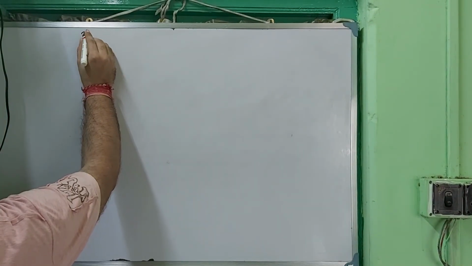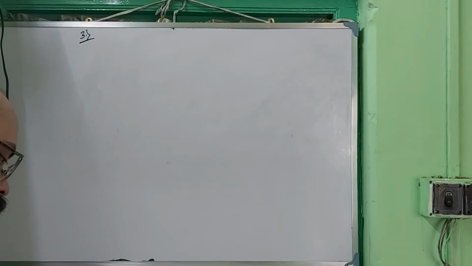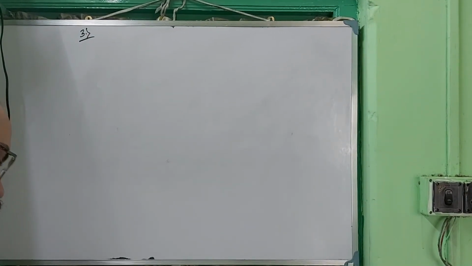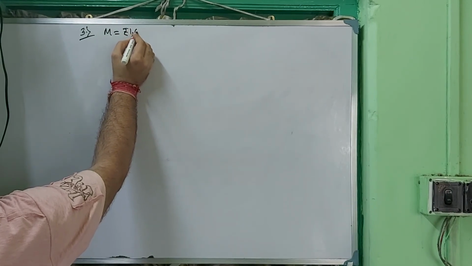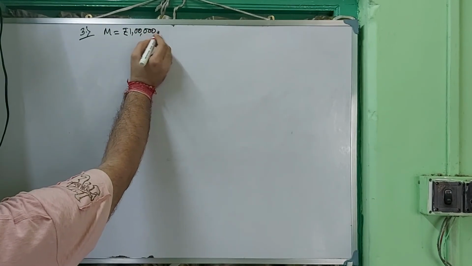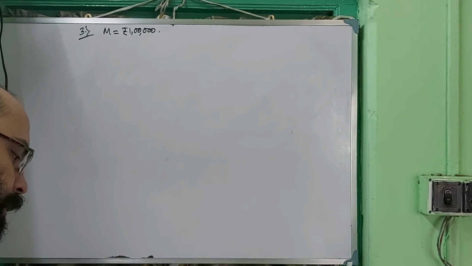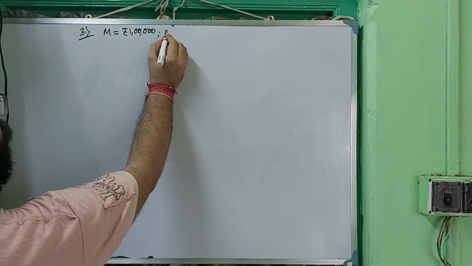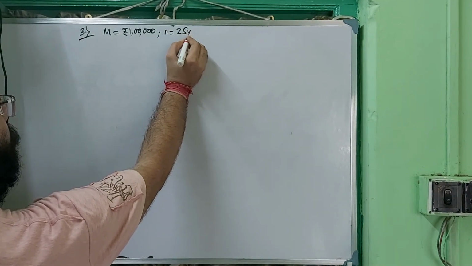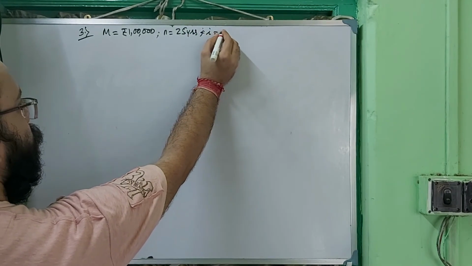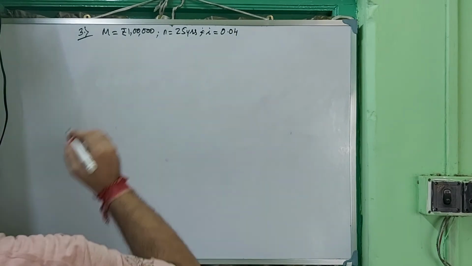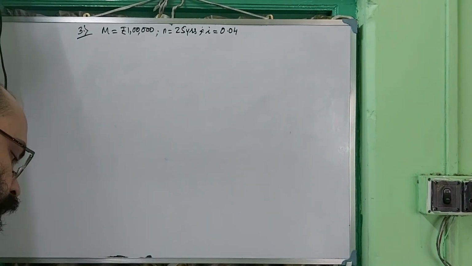So over here, sum number 3. M is provided, M is rupees 1 lakh, the total amount for redeeming the debenture. N is 25 years, I is 4%, right? I is 4%.